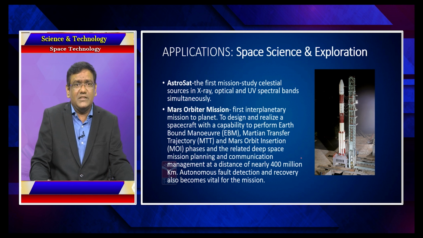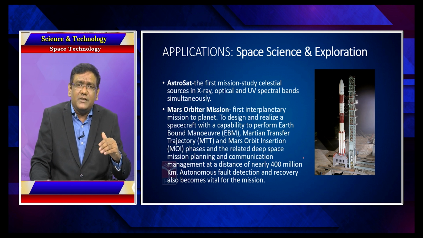And there is another mission, the Mars Orbiter Mission, that is MOM. This is the first interplanetary mission, and it is to design and realize a spacecraft with the capability to perform earthbound maneuvers, then the Martian transfer trajectory, and then the Mars orbit insertion phases.